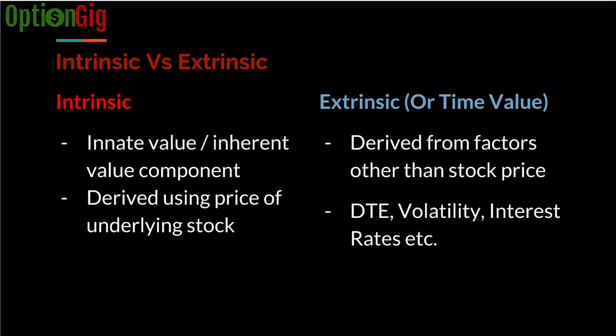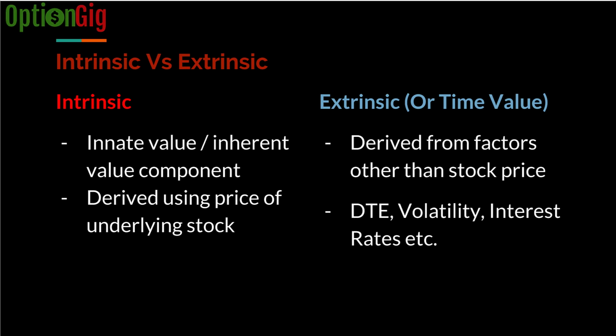Means if you ignore everything else in the world, what is that option contract worth right now, if I do not take into consideration how much time is left in the trade, if I do not take into consideration what's happening in the world, what's the value of the option contract at that point of time, ignoring everything else but just looking at the stock? That is the intrinsic component.